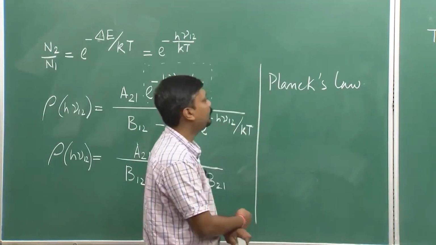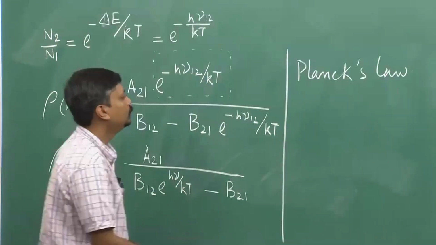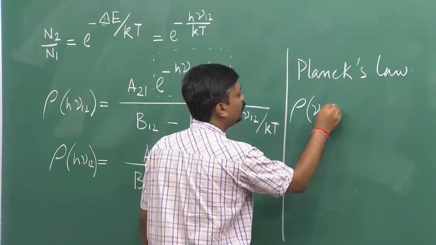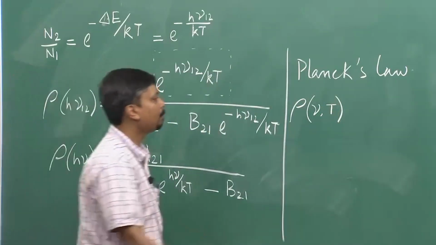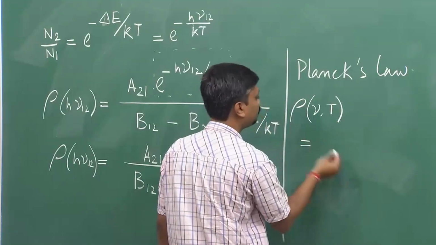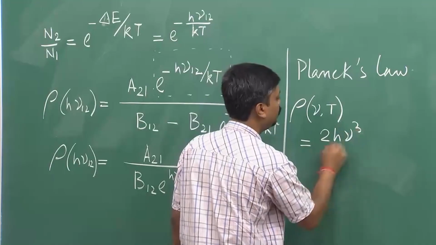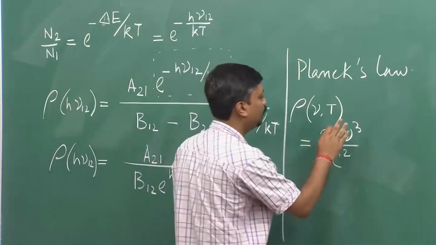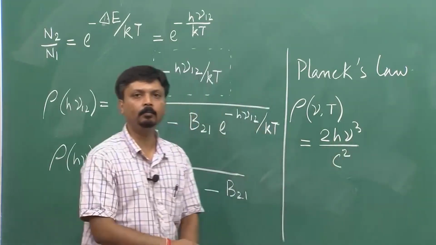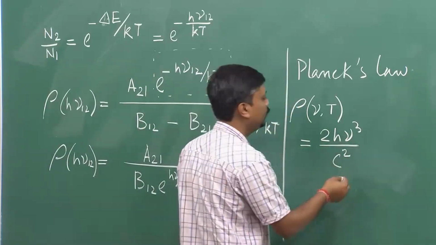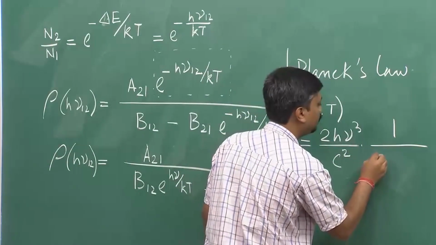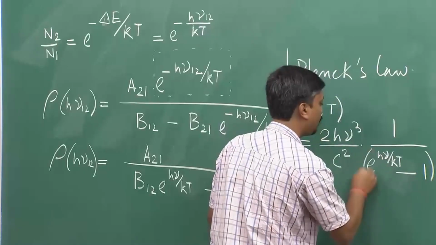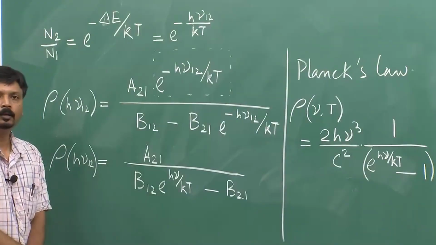It is the spectral density at a particular frequency, that is our nu 1 2, given for a black body in thermal equilibrium at temperature T, by 2 h nu cube by c square, where nu, as usual, is the frequency of the particular light of the spectrum that we are considering, c is the velocity of light, h is the Planck constant, multiplied by 1 upon e to the power h nu by k T minus 1.